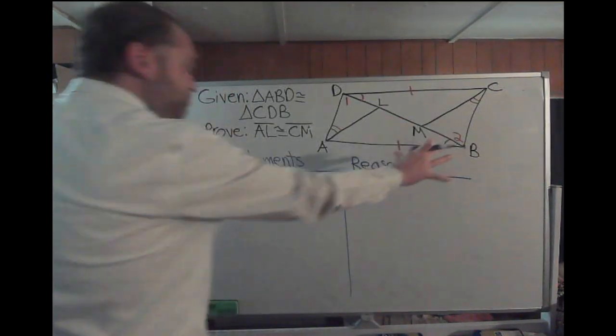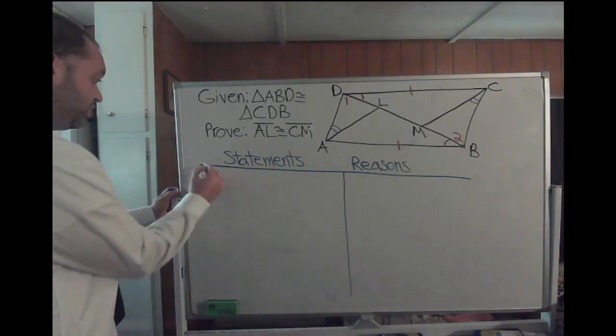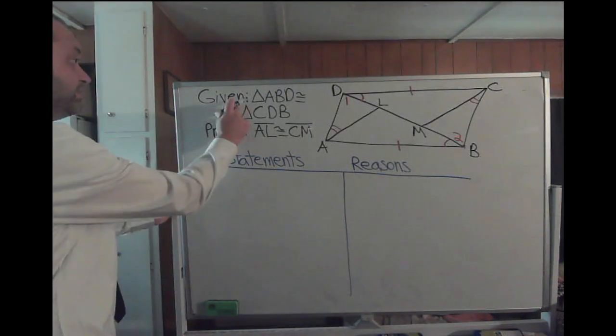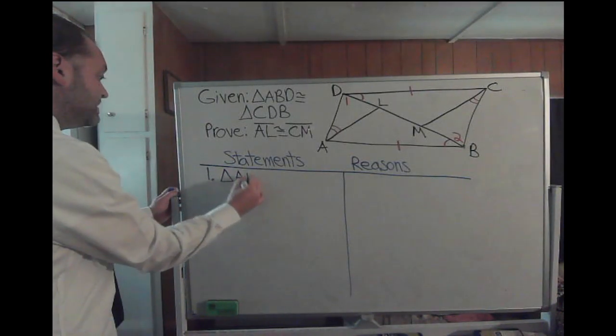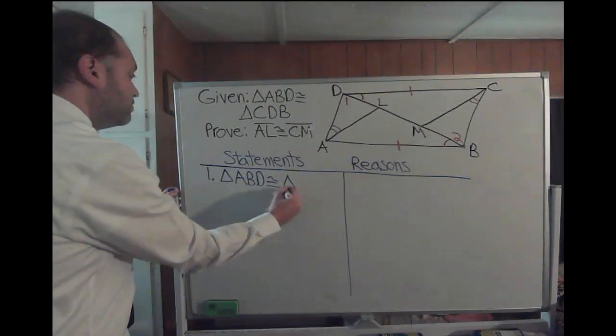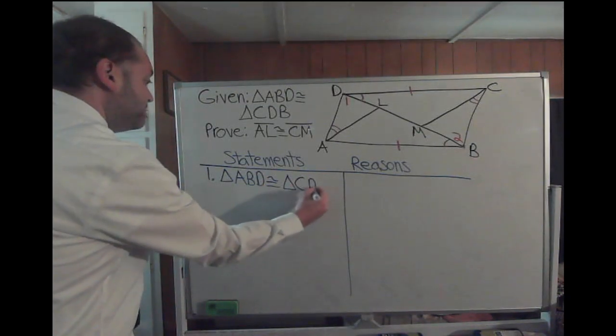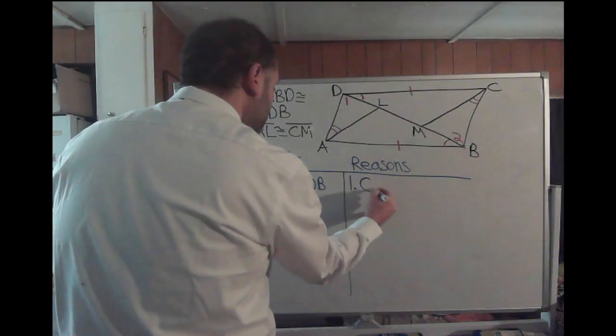Again, don't let multiple triangles intimidate you, okay? So let's start with our first statement, which will be the given information, that triangle ABD is congruent to triangle CDB. That, of course, is the reason, it was given to us.